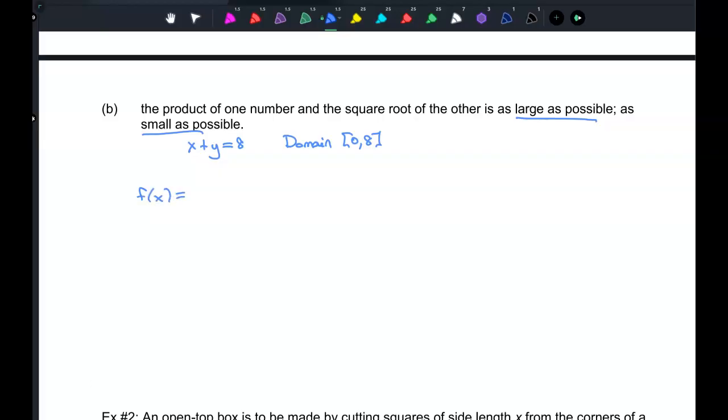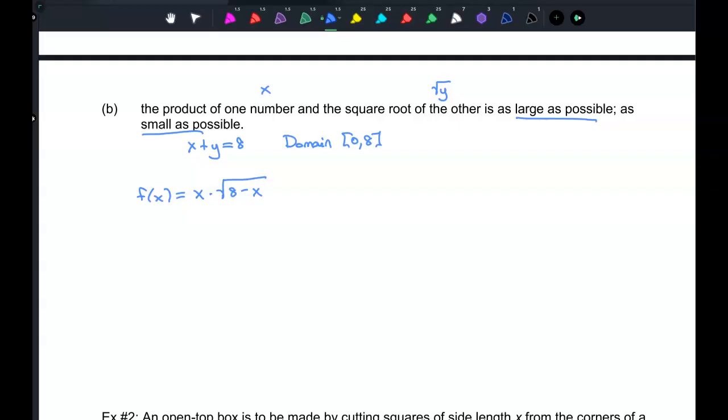f of x equals x times the square root of 8 minus x. Good. Remember, it's the product of one number and the square root of the other, so square root of y.